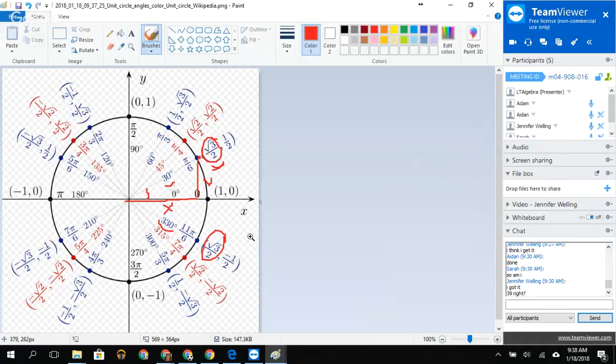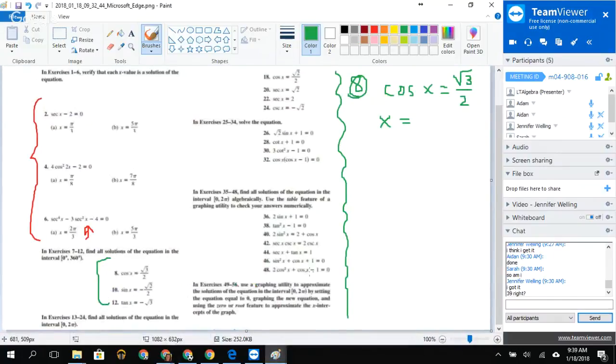Look at your unit circle, one that has degrees on it in this case, and determine where your sine or cosine value is true, and then those are the two solutions to your equation. So I go back here. I know that x is true at 30 degrees and also at 330, sorry.